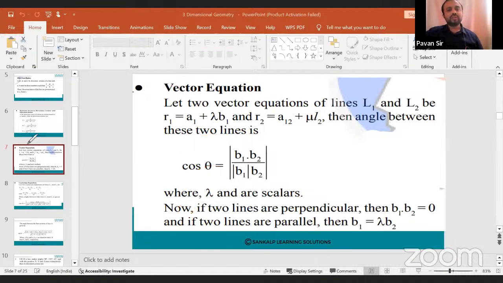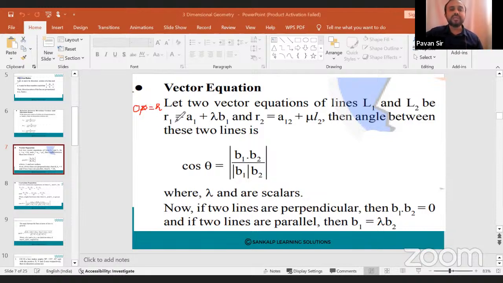Next, the vector equation of the lines l1 and l2. If you consider the two lines l1 and l2, the vector equations can be written as r1. Earlier it is represented as OP equals r. OP represents the positive direction of OX, OY, and OZ.